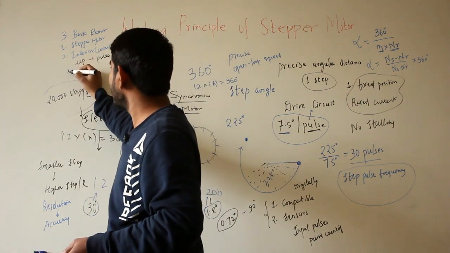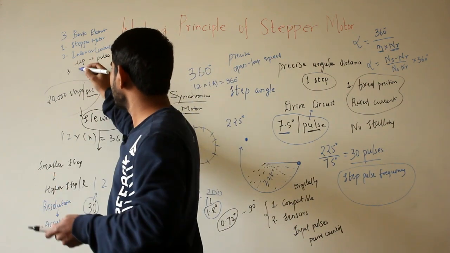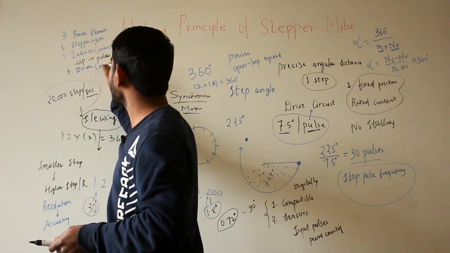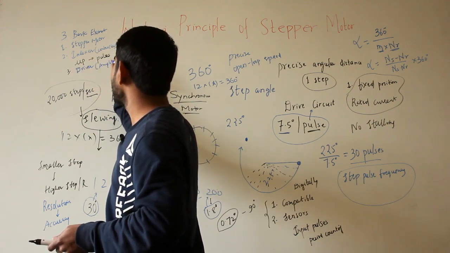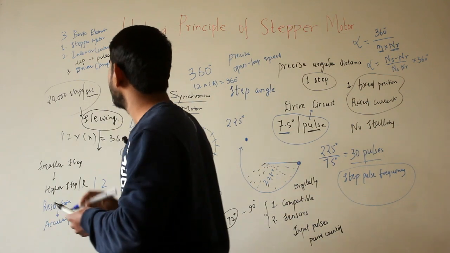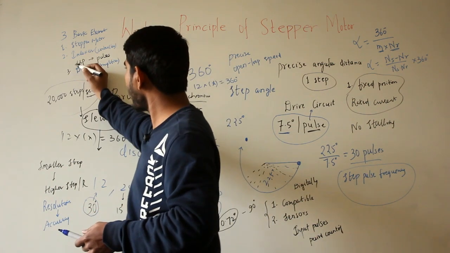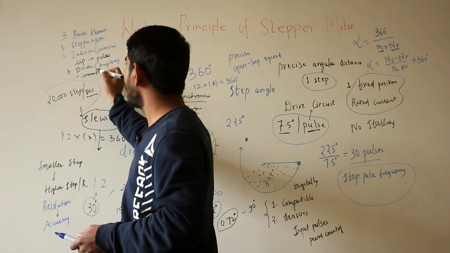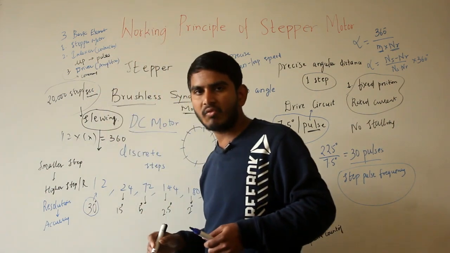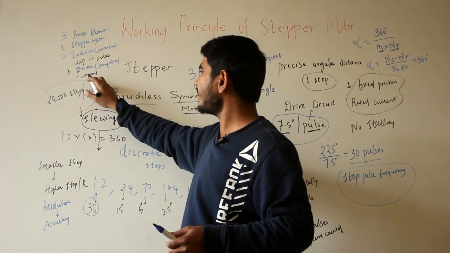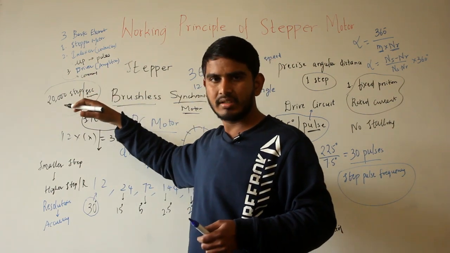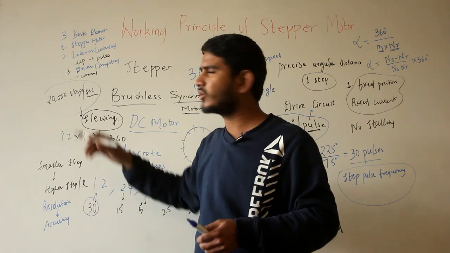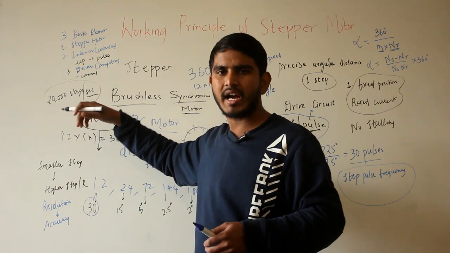And the third component is the driver, or you can call it the amplifier. This driver takes the command signals of the indexer and converts them to a higher power.